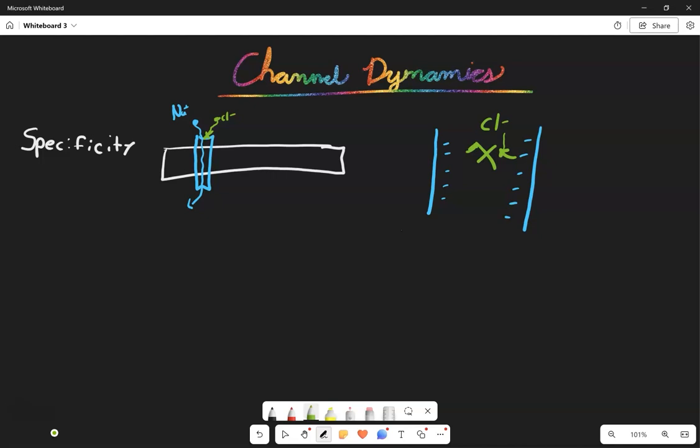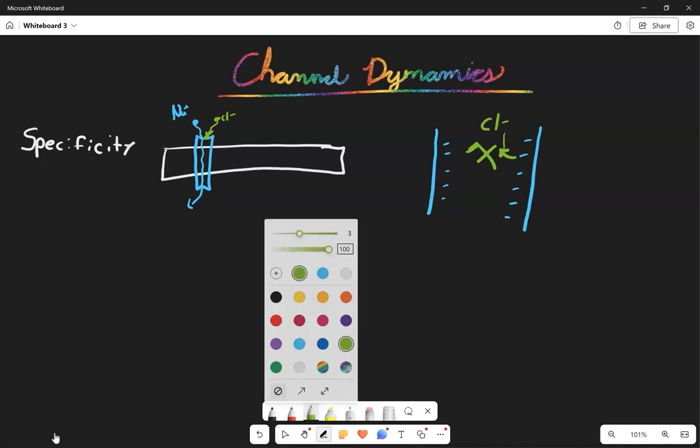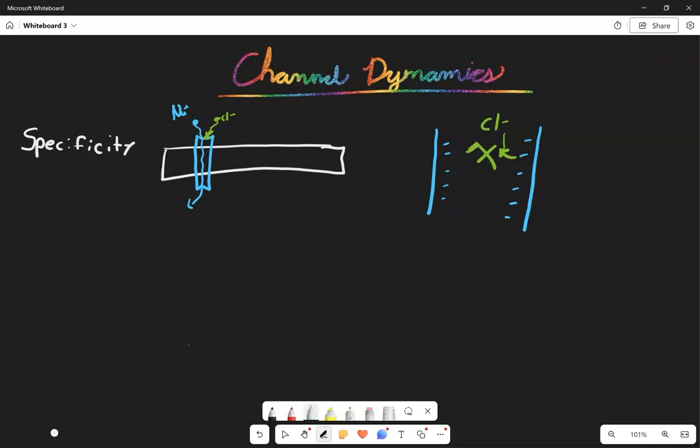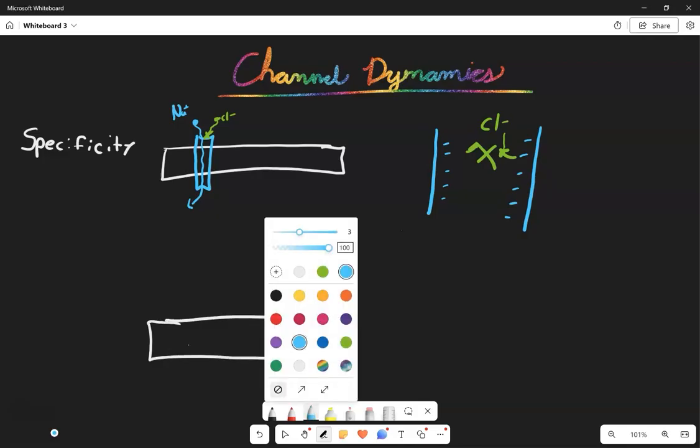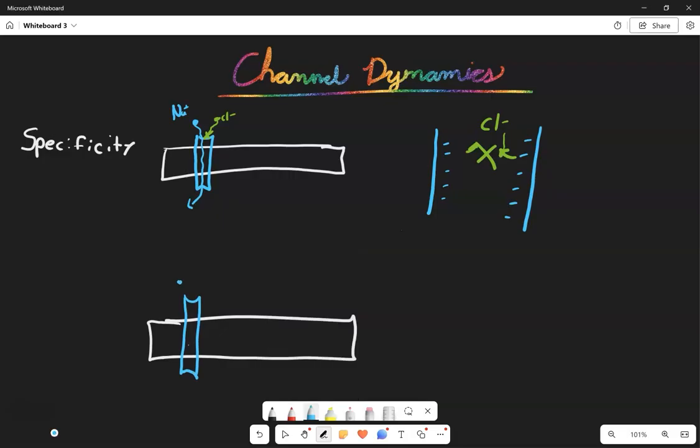Okay? On top of that, let's say we are looking at a channel that is responsible for moving sodium. So we'll make our blue sodium channel again, and it moves some sodium through the channel.